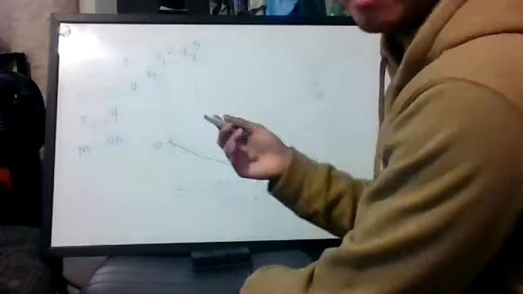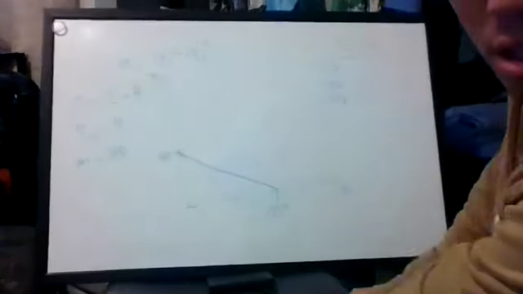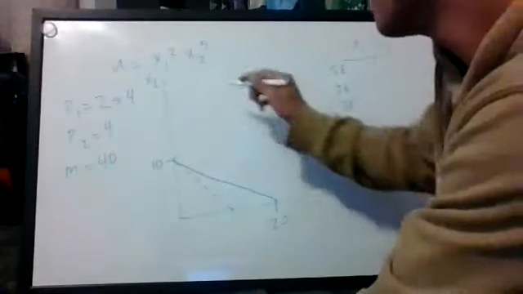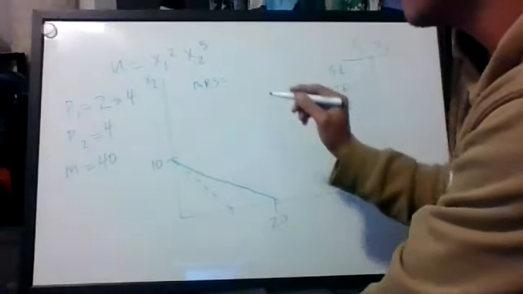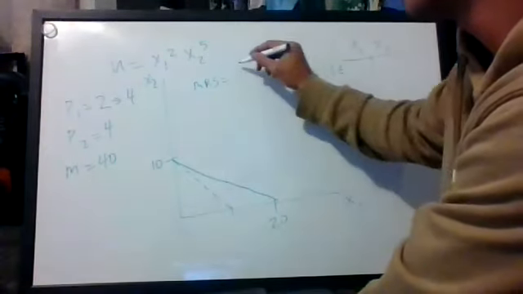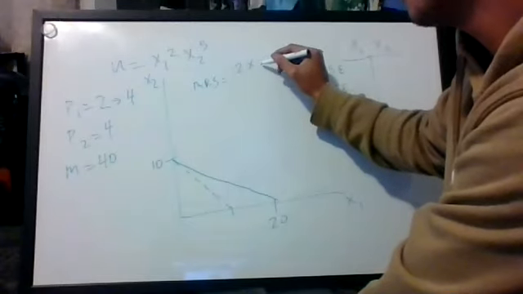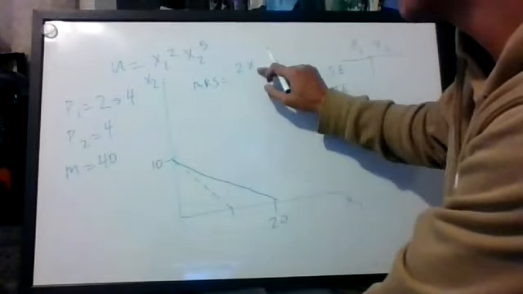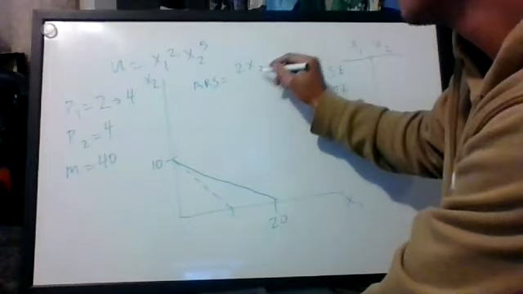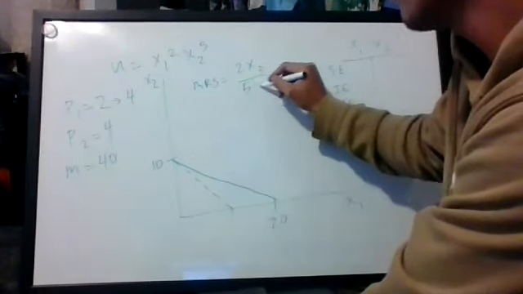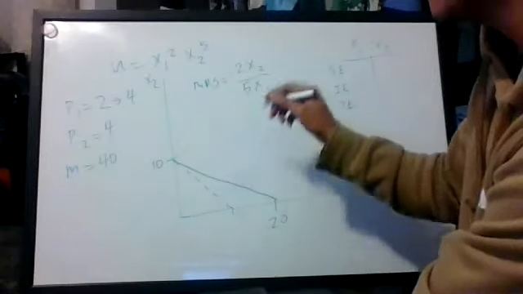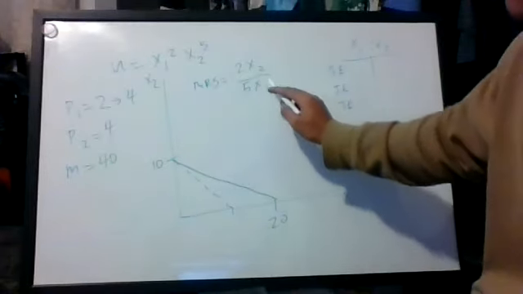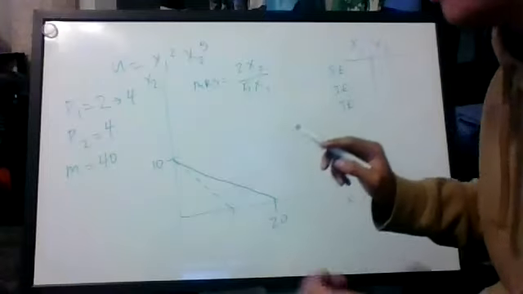So the first step is always going to be to find the MRS. MRS in this case, if you use the trick that I taught you guys, is just going to be 2x2 over 5x1. And we have the MRS just because you can do the derivation on your own.